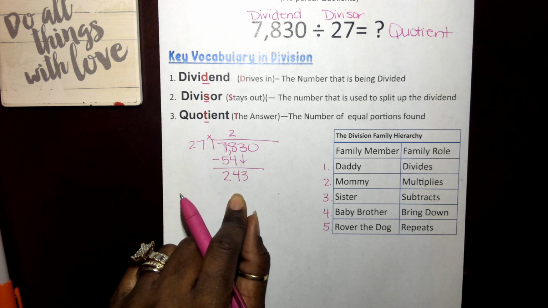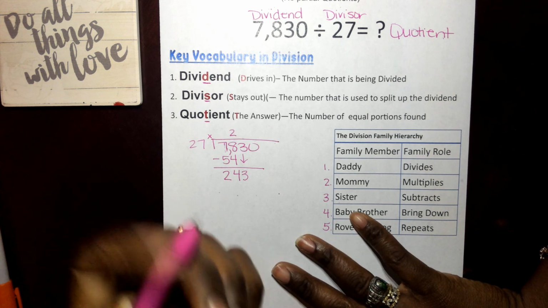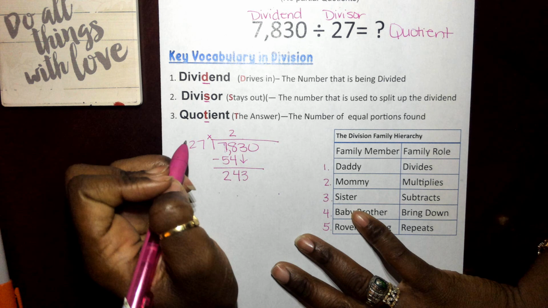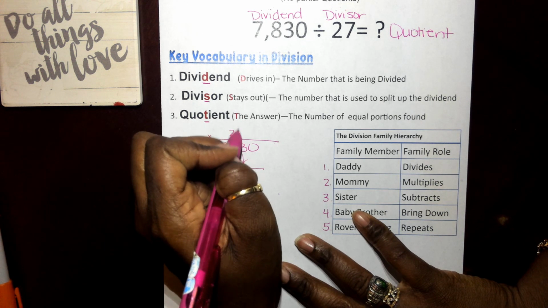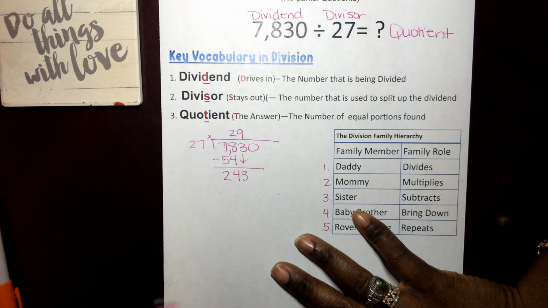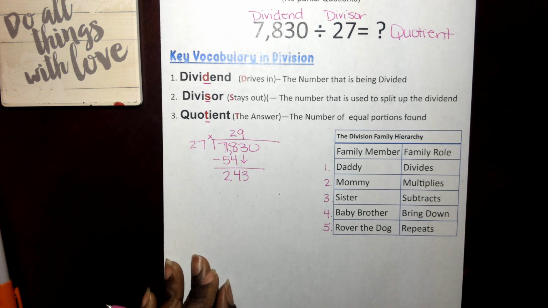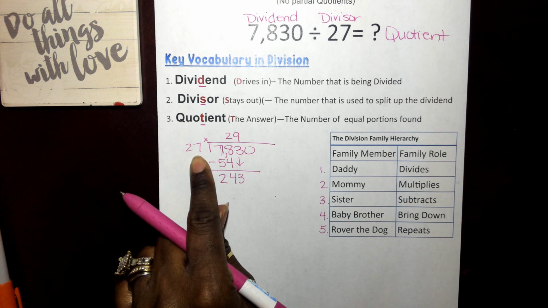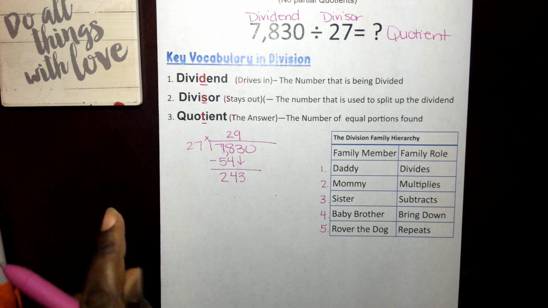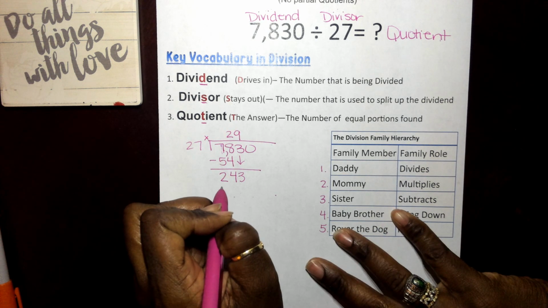And we find out that it is 9, actually. 9 groups. So we have 243 divided by 27. That gives us 9. And now we want to find out, what is 9 times 27? So 27 times 9 gives me 243.